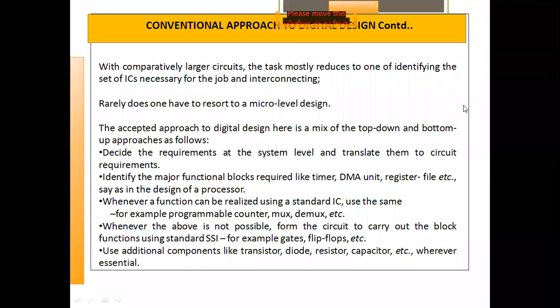If the components are present in our library, it is not necessary for us to design those. If not, we have to resort to micro level design, that means design by our own.